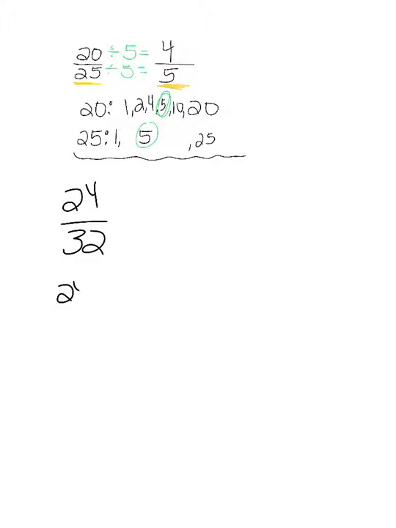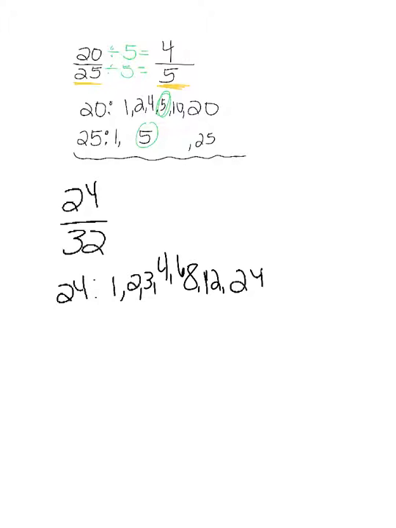So I have my 24, all the factors of 24. We have 1 times 24. We have 2 times 12. We have 3 times 8. And we have 4 times 6. Sorry, it's kind of messy.